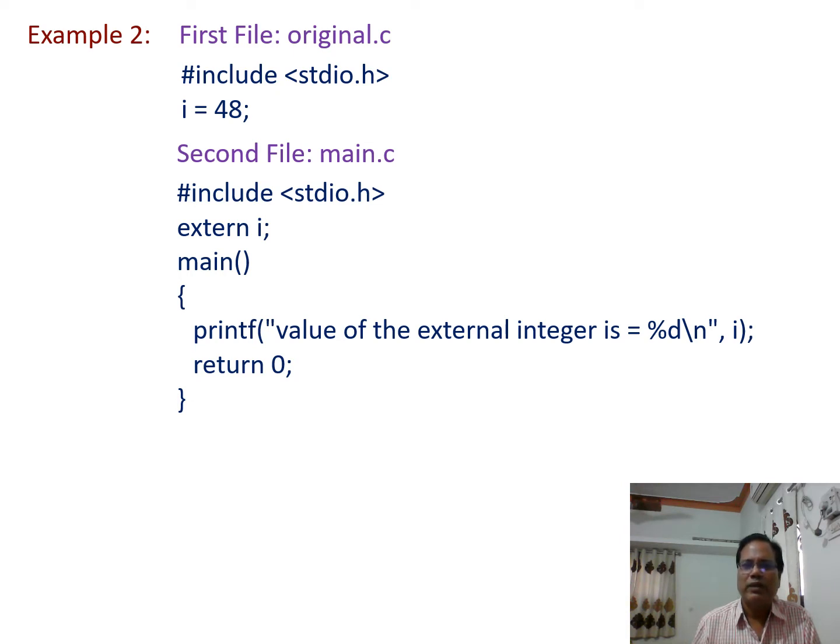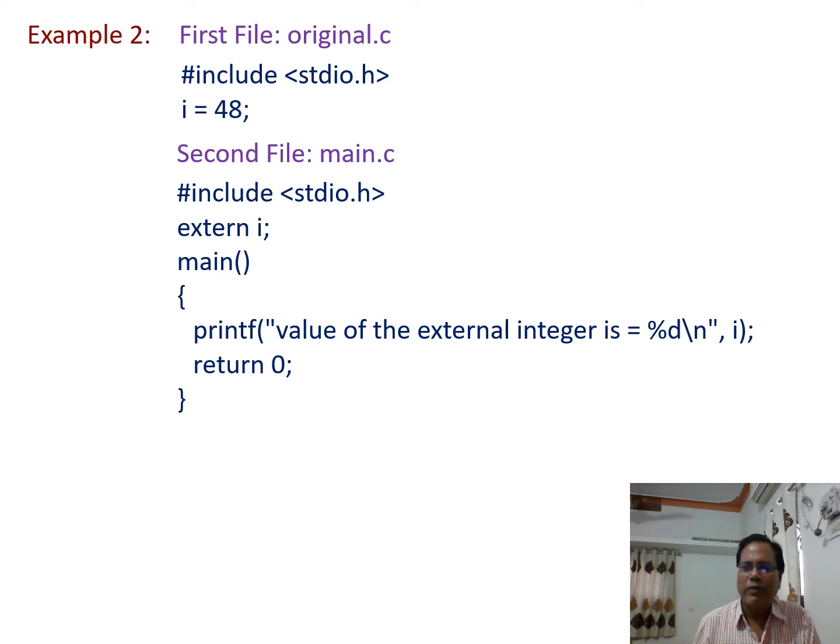Now in the second file in which the main function is there, we are using extern int i. The extern keyword is used just to indicate that this variable has been defined and declared in another file, somewhere else. In the main function, printf, the value of the external integer is equal to %d.